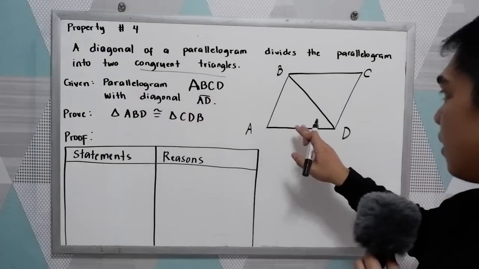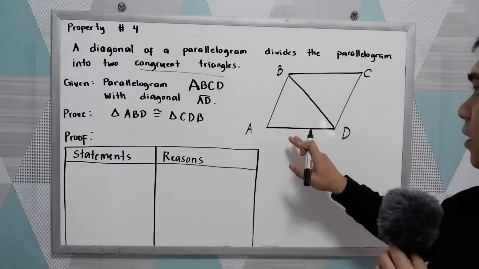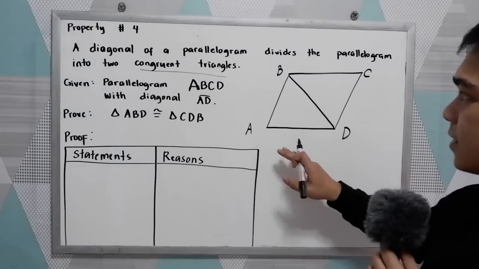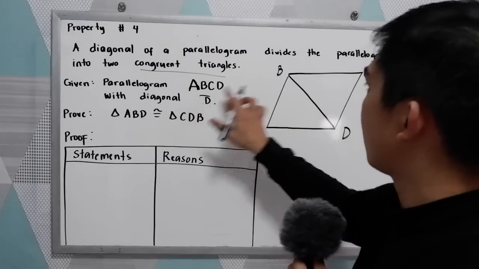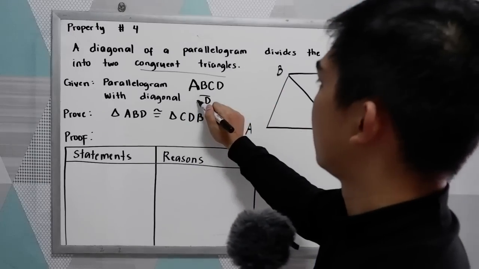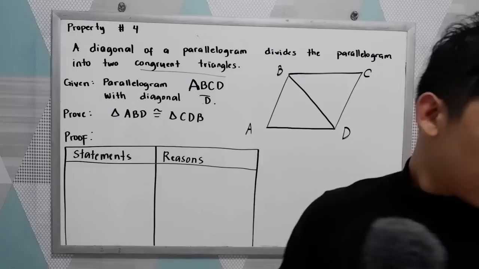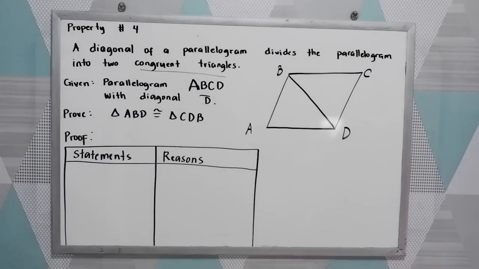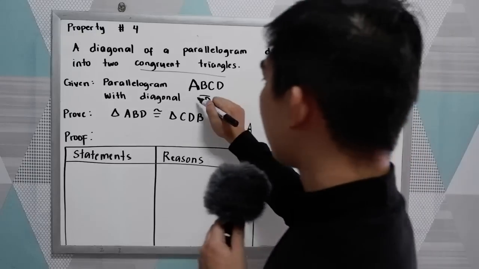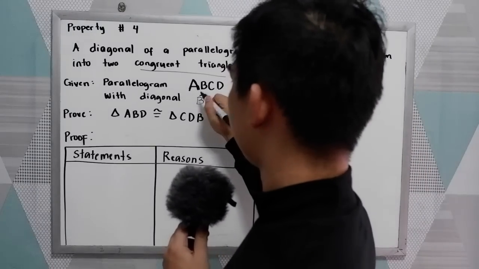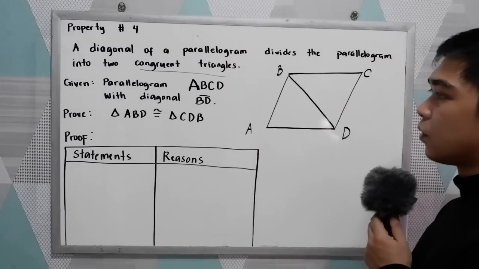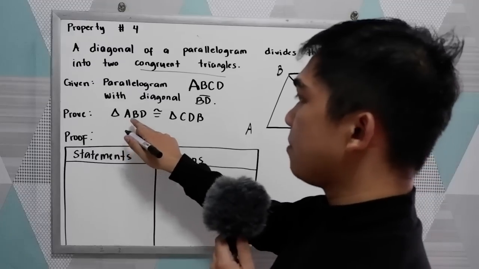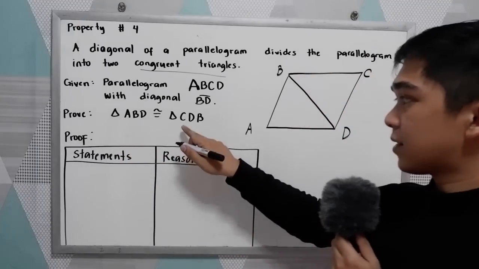So, your task: given the parallelogram ABCD with diagonal BD, we're going to prove that triangle ABD is congruent to triangle CDB.